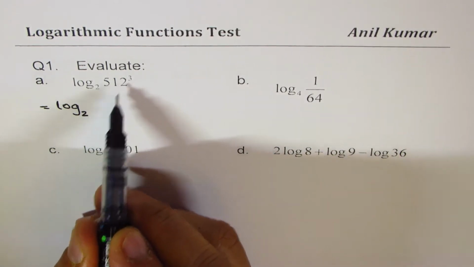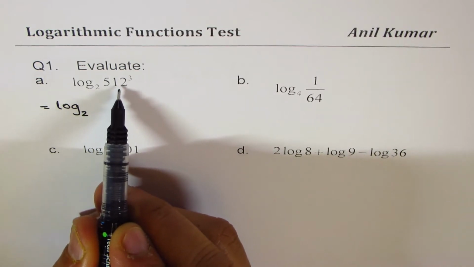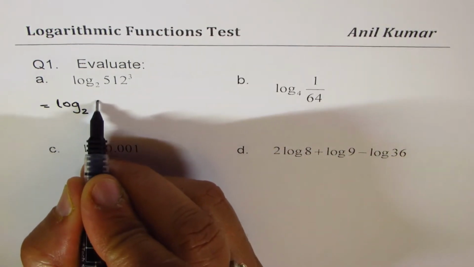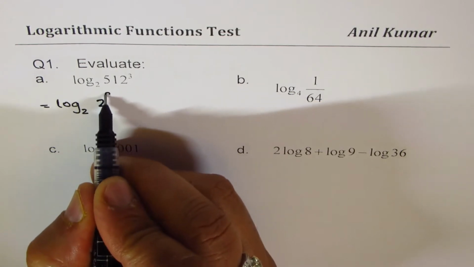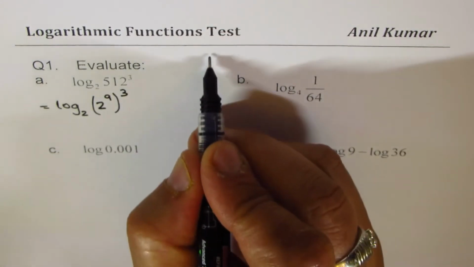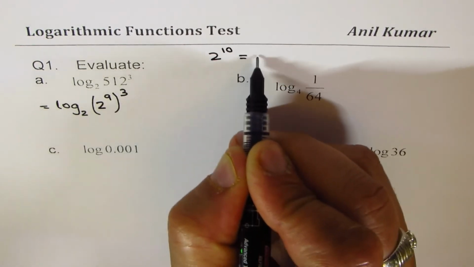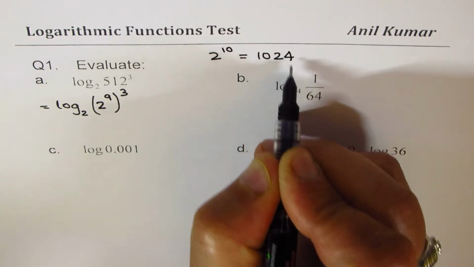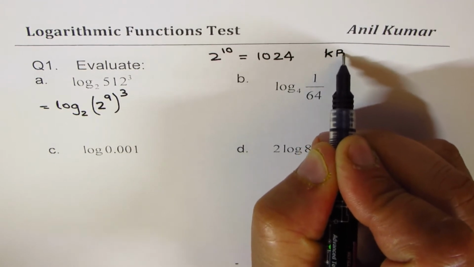So 512 can be written as 2 to the power of 9, right? So 512 can be written as 2 to the power of 9, cube of this, right? You should remember that 2 to the power of 10 is 1024, kind of kilobytes, right?